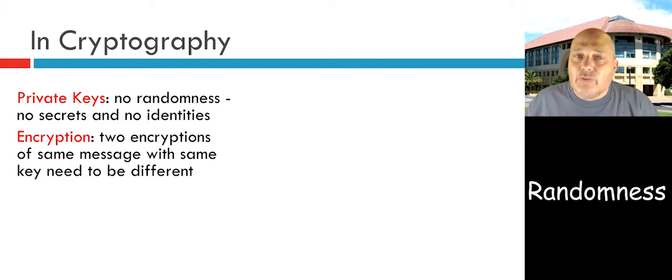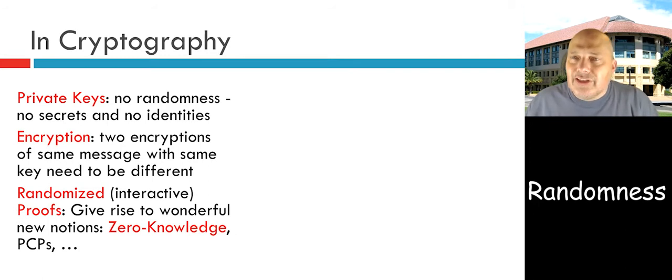Encryptions: we want two encryptions of the same message with the same key to be different, because we don't want anybody to notice that I'm sending the same message again and again. This is very important. This is what's called semantic security, and to define it, you need this notion of randomness. Deterministic encryptions cannot obtain this property. Deterministic encryption of the same message with the same key would always be identical. So in fact, you need a randomized encryption.